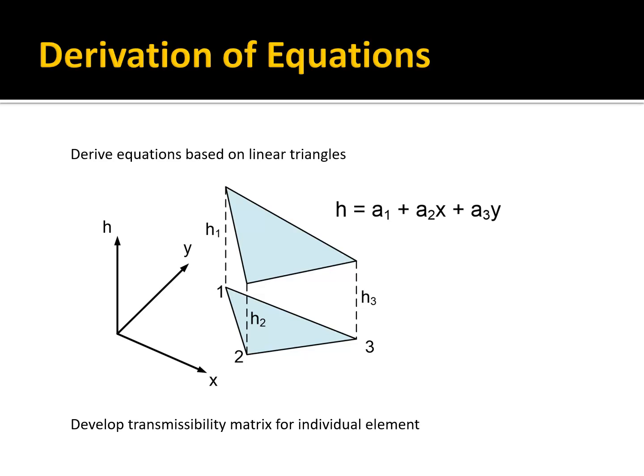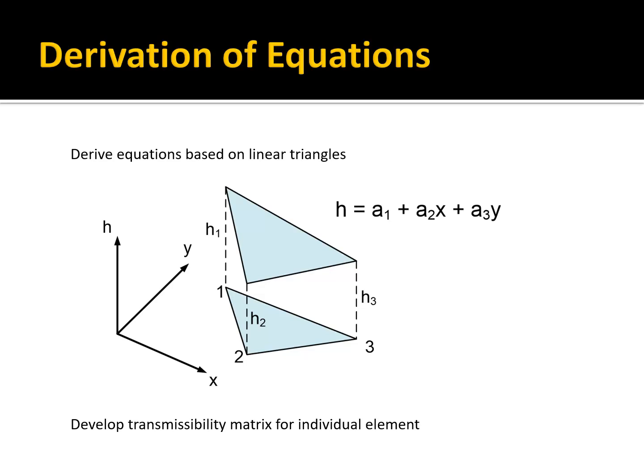So, as we derive these equations, we're going to derive them based on linear triangles, partly because they're commonly used and partly because it's the simplest of all the different two-dimensional element types. So again, for a given element with 3 nodes, 1, 2, and 3, if we look at this in perspective mode, and again, we're solving for how the heads vary across that element.